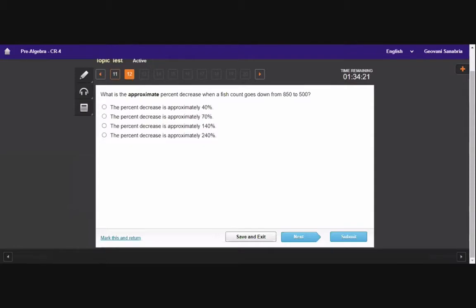When a fish count goes down from 850 to 500. So like this one, the easy way I would do it is just do 850 minus all the percents in the answers, and then usually I'll get it then.